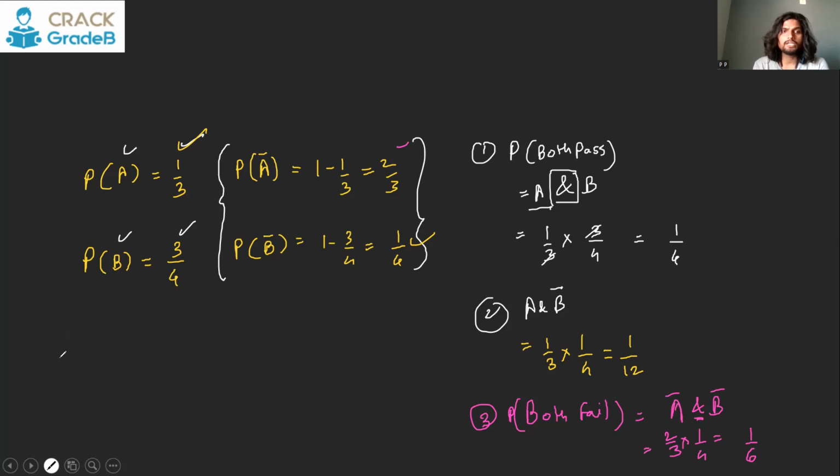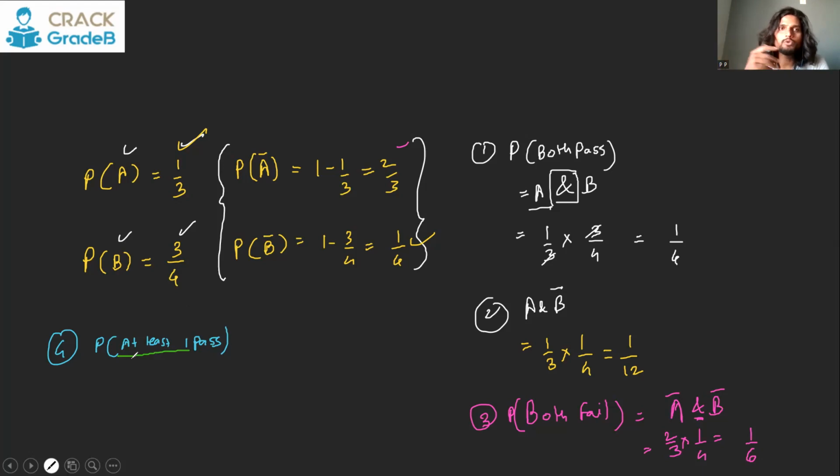If I ask you, what is the probability that at least one pass, at least one of them is passed? So we have seen in PNC as well, for the statement which has at least one in it, we take the complementary case. So what is the complementary case of at least one pass?